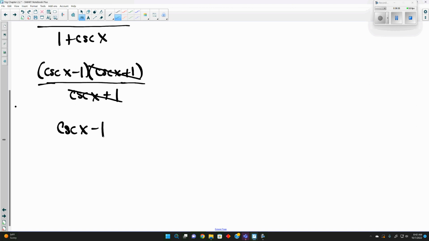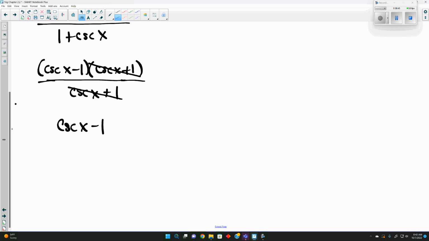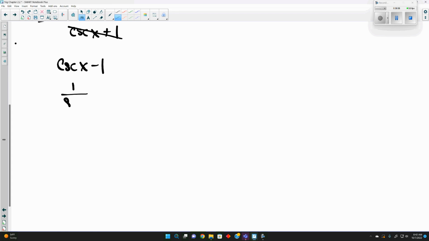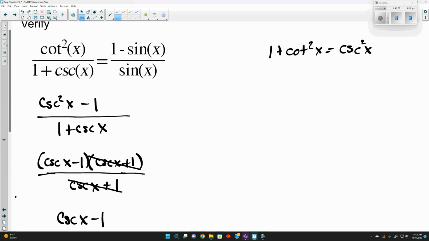You all see a lot of options we can go from here. I mean, we could try rewriting it as sine here, as we could go 1 over sine of x and then try to add those together. Which would give us 1 minus sine of x minus 1.